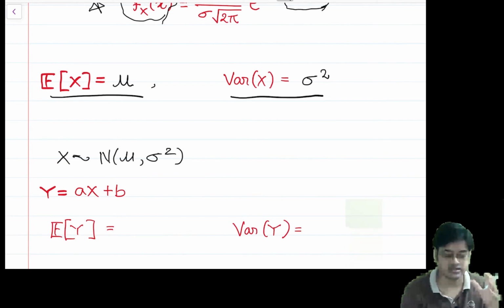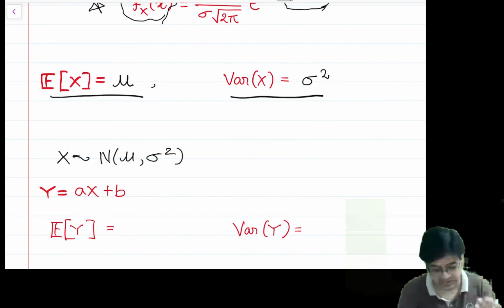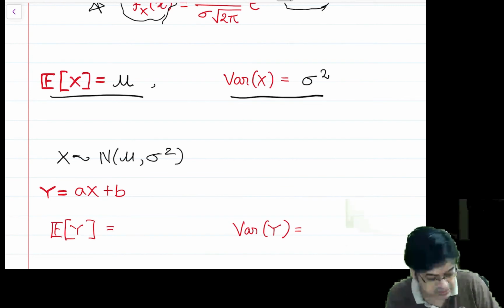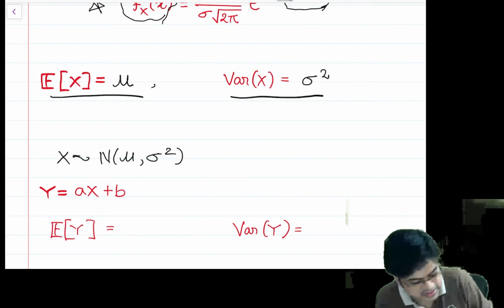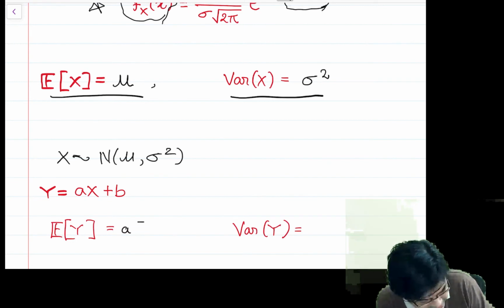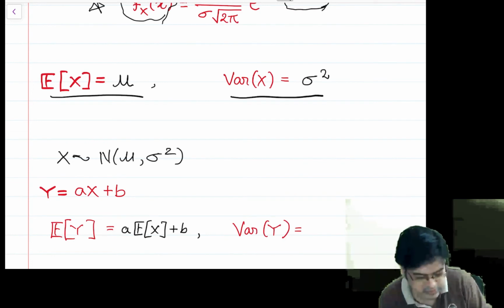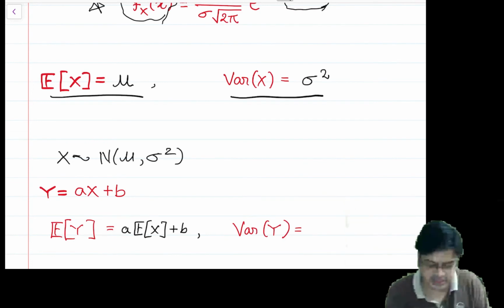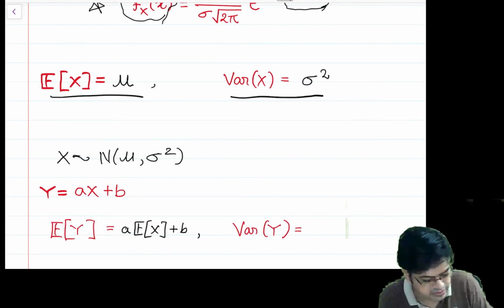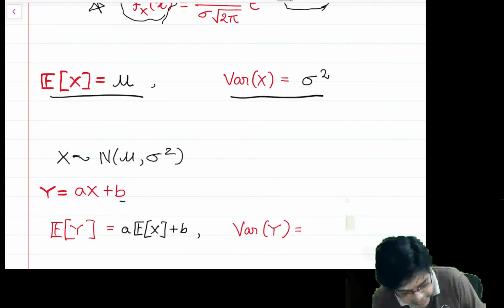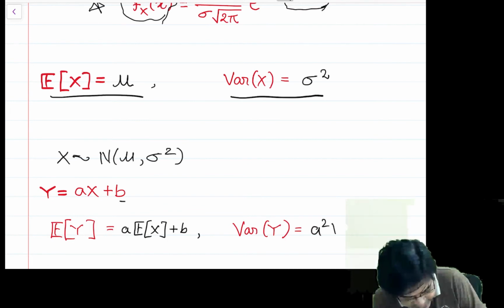Yes, I know it's a LOTUS, and furthermore it's a linear function. So I know many things. It's a times the expected value of X plus b. Variance of Y, what is the variance of Y? You know the constant term doesn't play any role, so the variance of Y will be simply a square times the variance of X.